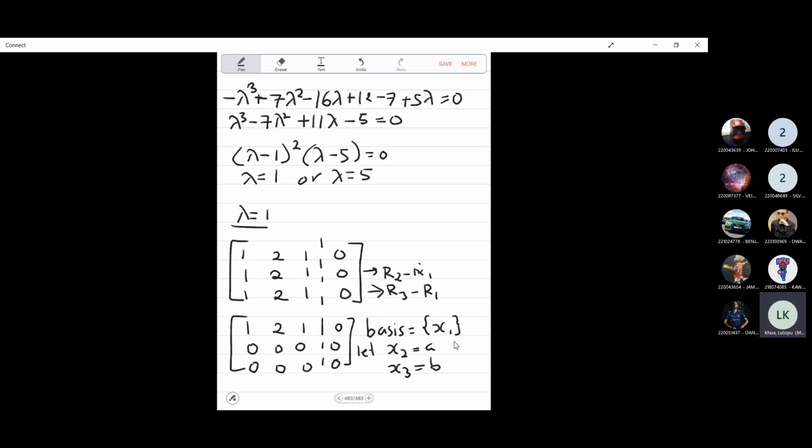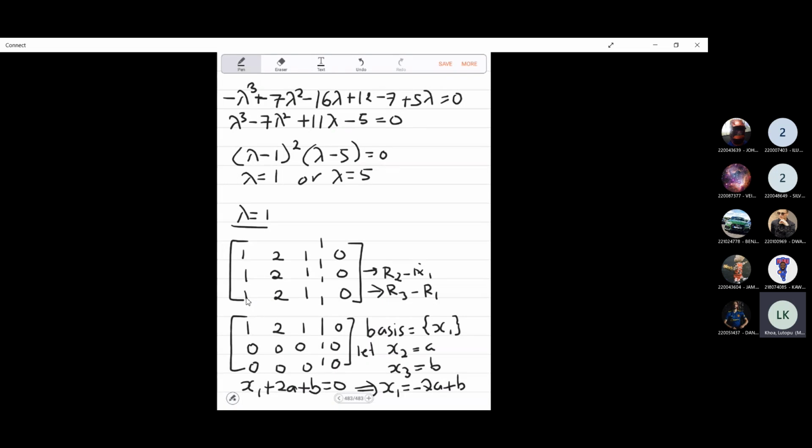And then we write x1 in terms of a and b. So I have x1 plus 2a plus b is equal to 0. So this means that x1 is equal to minus 2a minus b.